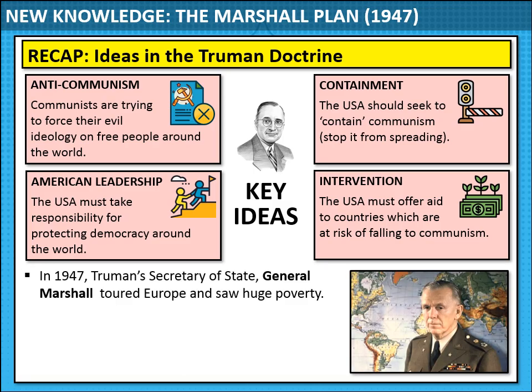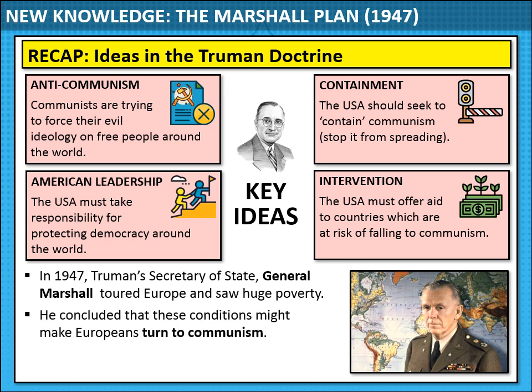Here's General Marshall. He was Truman's Secretary of State, and in 1947 he toured Europe and he saw the huge poverty caused by years of war. General Marshall concluded that the conditions in Europe were so bad, many Europeans were tempted to turn to communism.